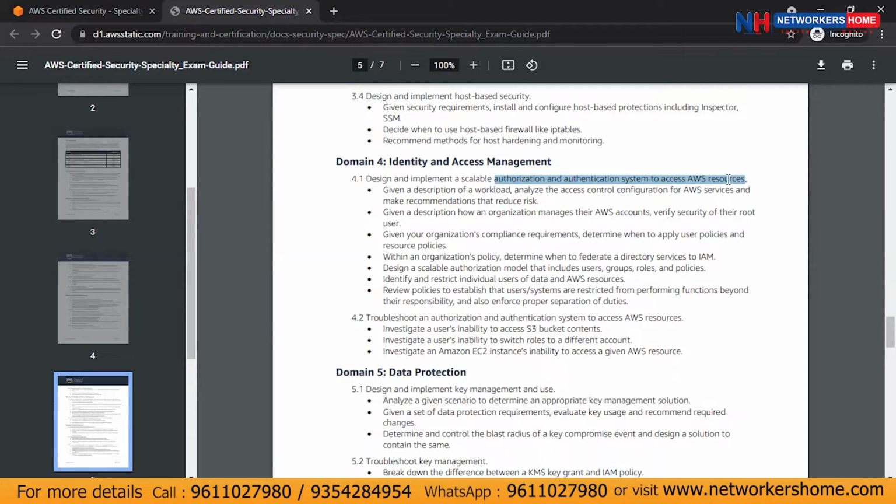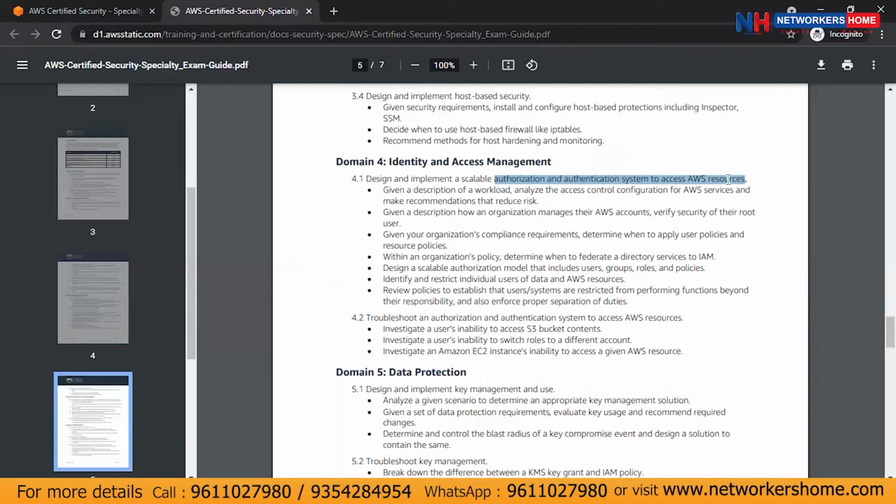So that means a service level permission set. You have no need to depend on IAM itself. You can also have resource level permissions like S3 policies, VPC policies also available when you configure a VPC endpoint, like KMS key policy, SQS policy, like that. You have IAM service level permissions and you have resource level permissions.